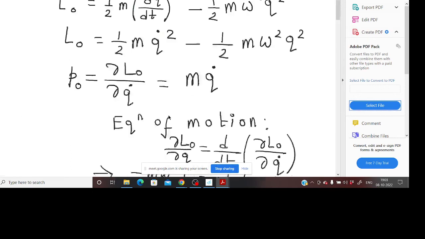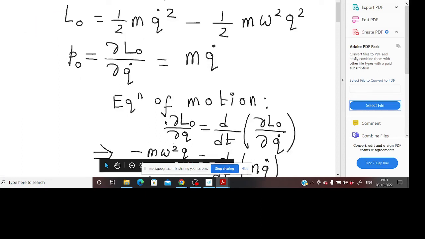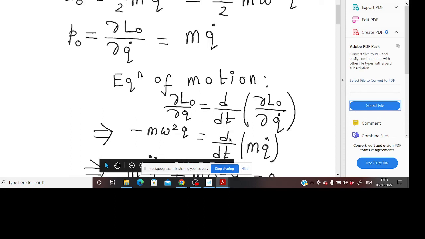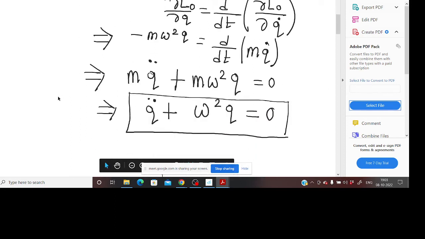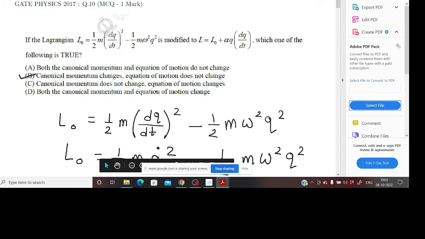Just differentiate the Lagrangian with respect to q and q dot here and replace them. So we have q double dot plus omega square q equal to 0. So this is the equation of motion when the Lagrangian is L0. Now this Lagrangian is modified to L0 plus alpha q into q dot.